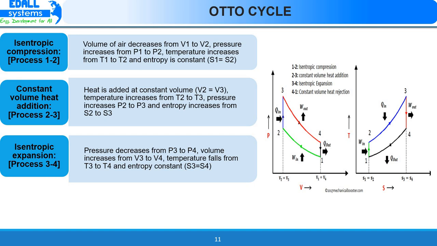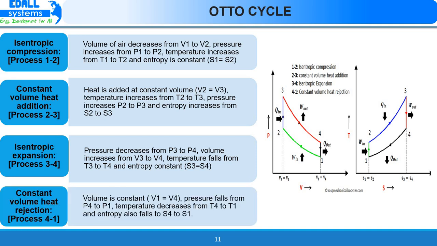Here also entropy is constant and volume increases from V3 to V4 which results in pressure decrease from P3 to P4 and temperature also decreases from T3 to T4. Process 4 to 1 is constant volume heat rejection.